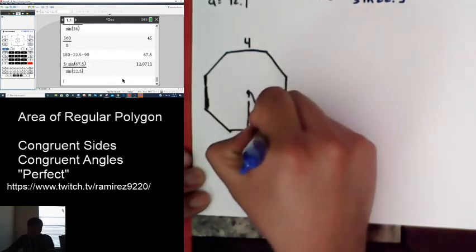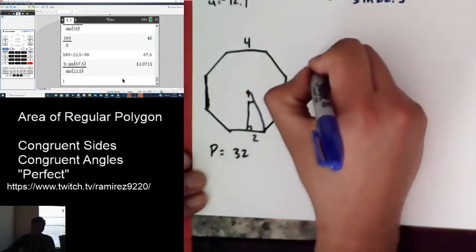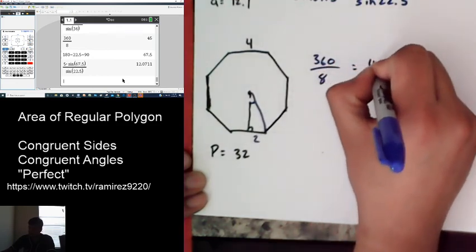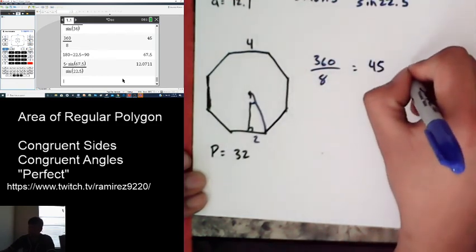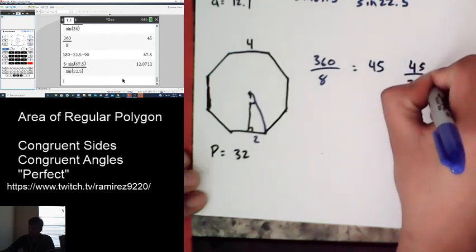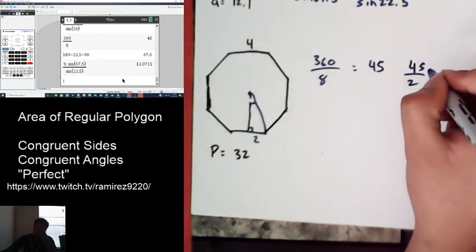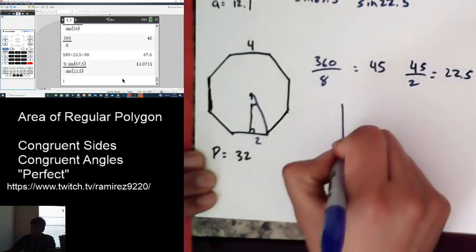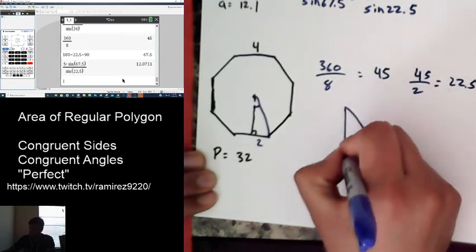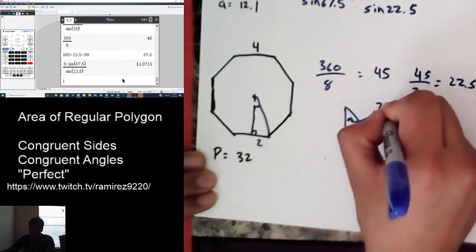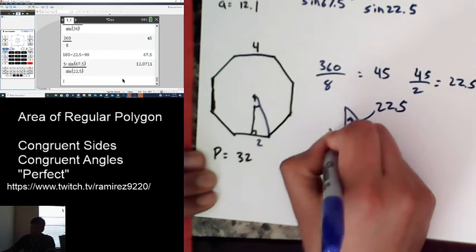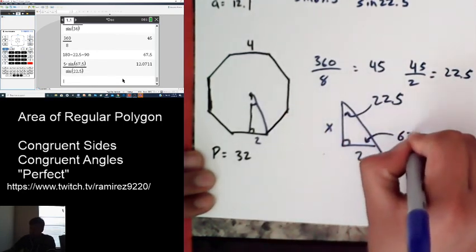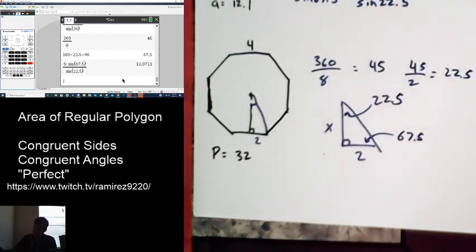And if I'm trying to find out what this angle is, I'm going to do 360 divided by the number of sides. And then I'm going to get that number and divide it by 2. So again, I still end up with that 22.5. So I have an angle here of 22.5. I know this is 2, and I'm looking for my apothem. We know that the angle in here is 67.5, and we do literally the same thing.